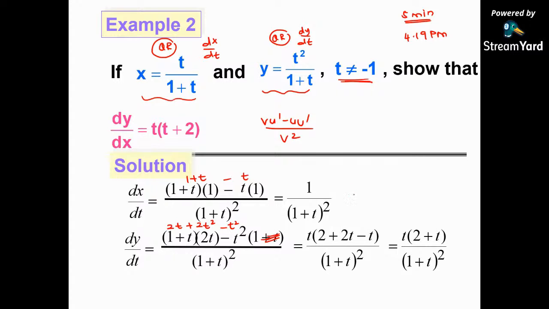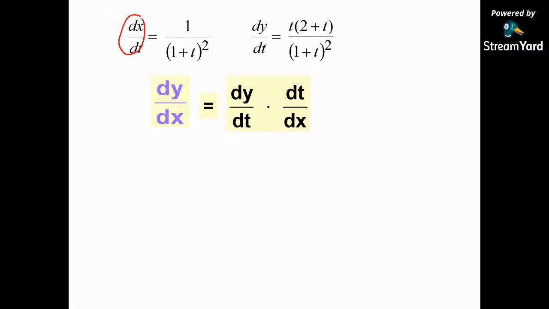Okay, so now let us use the chain rule for this. We've got dx over dt and dy over dt now. The formula for the chain rule is dy over dt times dt over dx. Since we have dx over dt, we take the reciprocal for dt over dx, so this is 1 plus t squared.